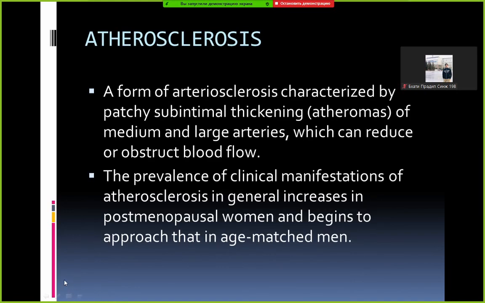So atherosclerosis, a form of arterial sclerosis characterized by patchy subintimal thickening, so-called atheromas, of medium and large arteries, which can reduce or obstruct blood flow. The prevalence of clinical manifestations of atherosclerosis in general increases in postmenopausal women and begins to approach that in age-matched men.